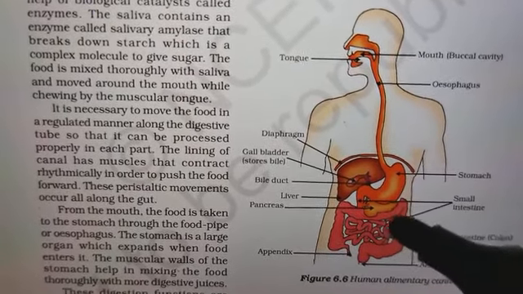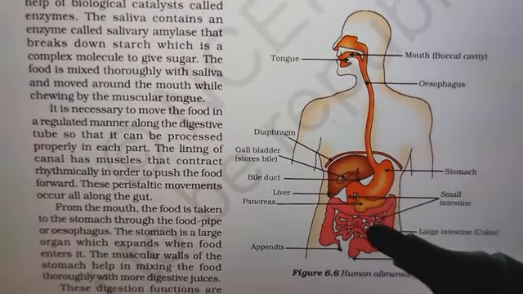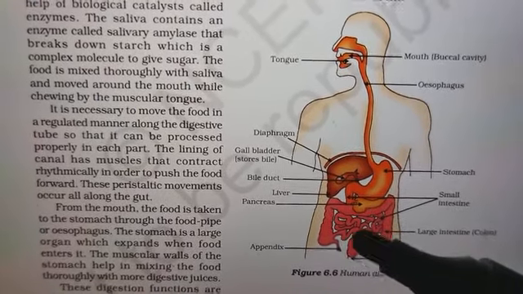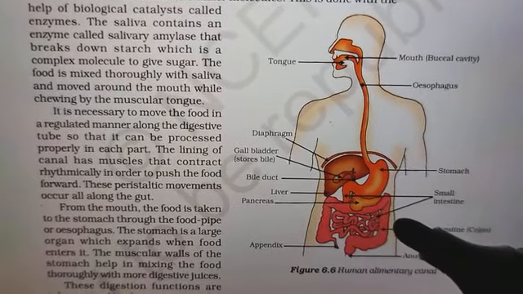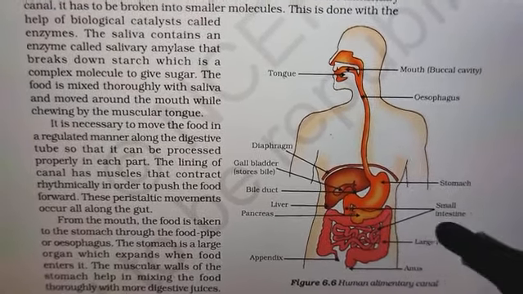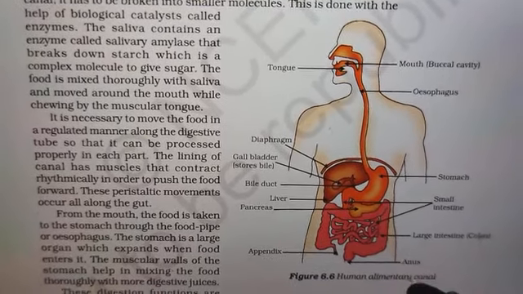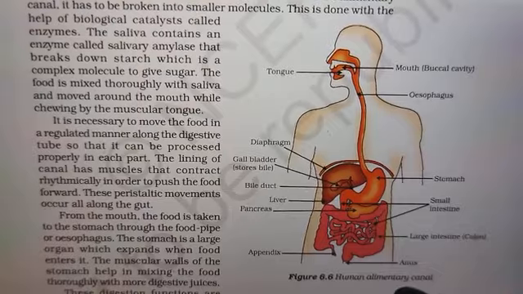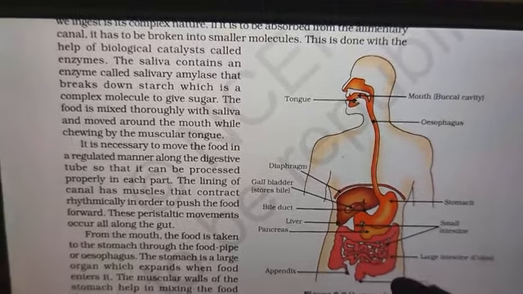Then this stomach enters into the small intestine, which is a coiled tube-like structure and the lengthiest part of the entire alimentary canal. Since it is lengthy, it can be accommodated in a small portion only by extensive coiling.